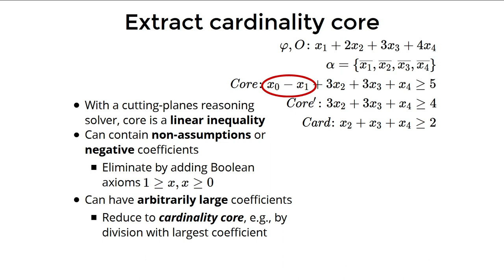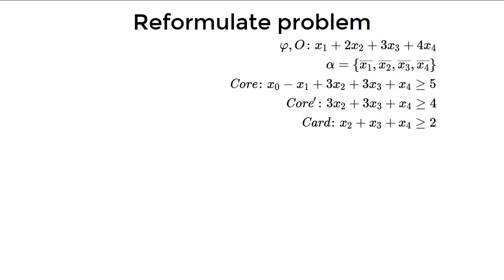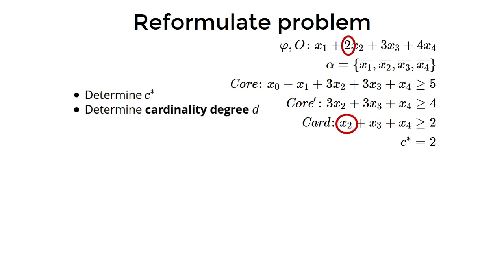With this cardinality core, we can now reformulate the problem. We again determine c star, the highest objective coefficient for a variable in the core. We also pinpoint the cardinality degree, which is the right-hand side of the cardinality core.